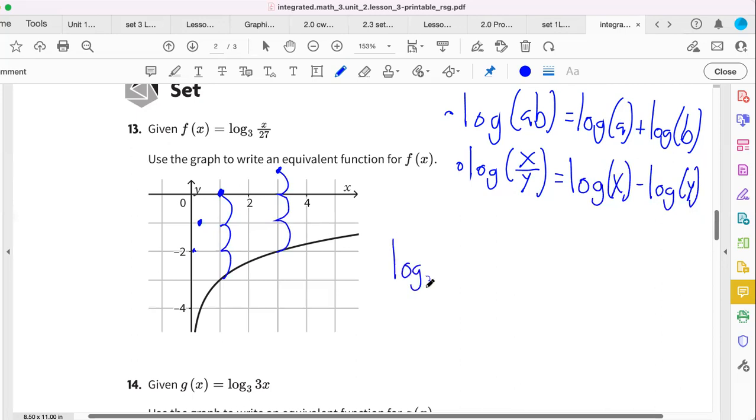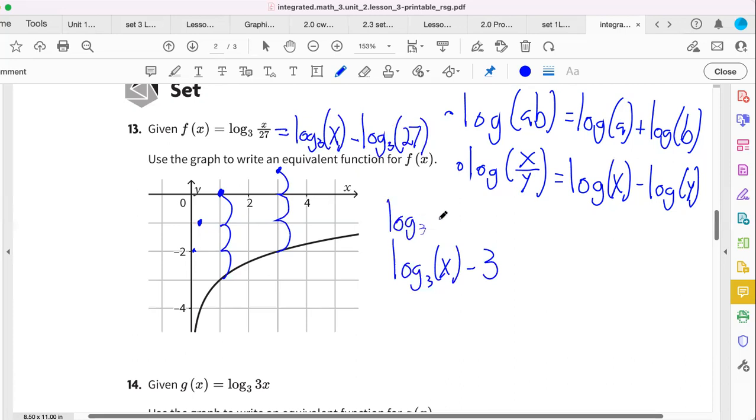Hopefully you're saying that it went down 3, which makes sense because if you rewrite this, you could say that this is going to be log base 3 of X minus log base 3 of 27. Log base 3 of 27 is just 3. So lo and behold, this matches what we had in mind.